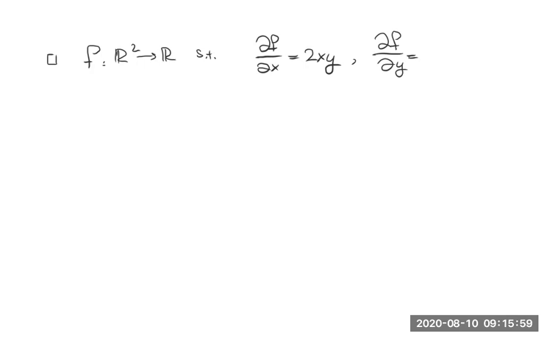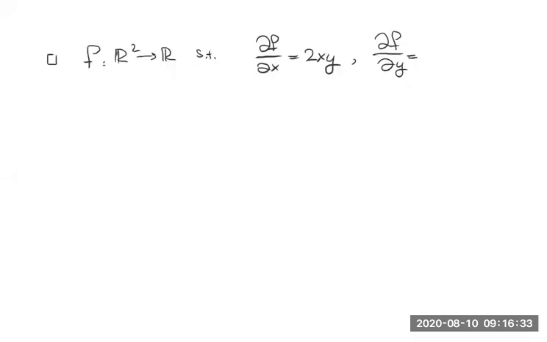So the point is that we need a little bit more information. So let's say a derivative of f with respect to y is x squared plus 4y. And now we are looking for the function f of x and y. Now that's the question.